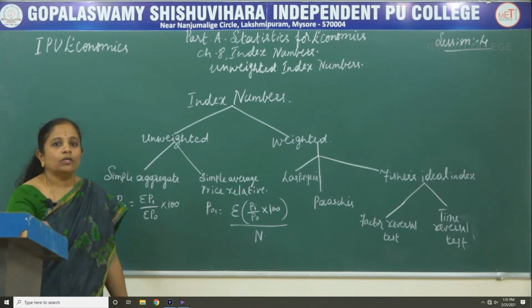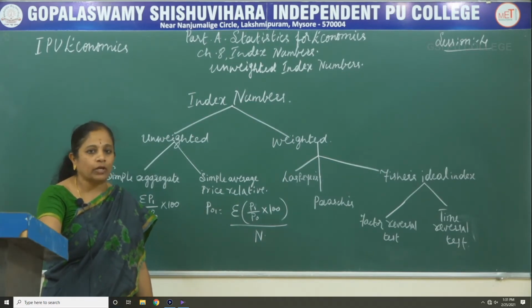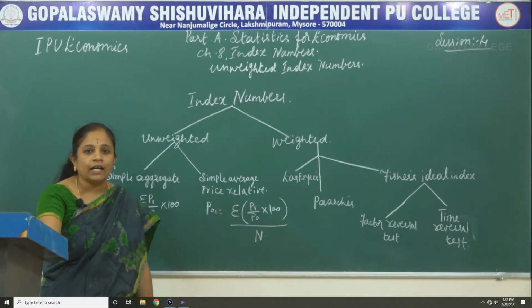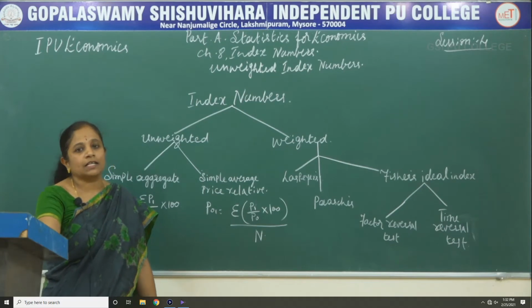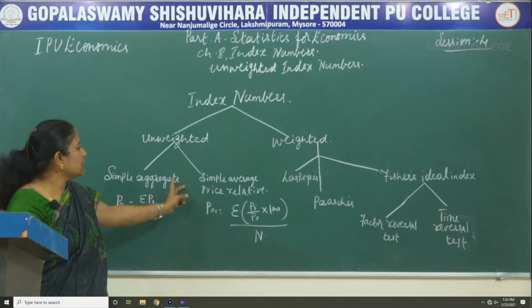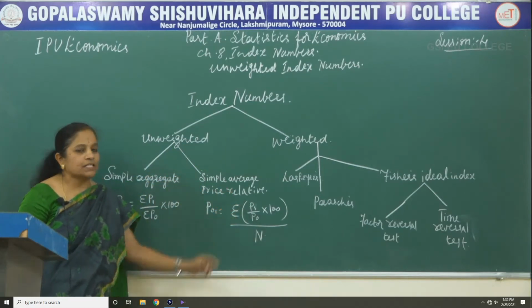As you all know, index numbers are expressed in terms of percentages only, so after every calculation we multiply by 100 and obtain the result in terms of percentage.